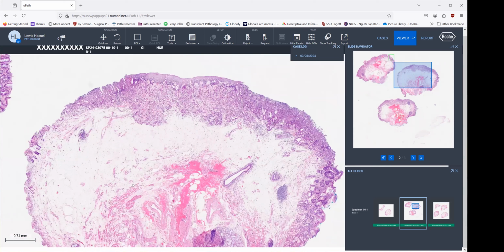In the esophagus, in many patients, we have what's called the reduplicated muscularis mucosa.